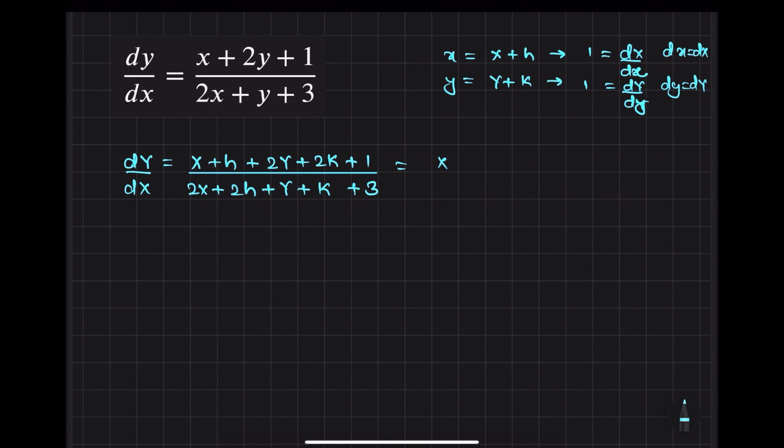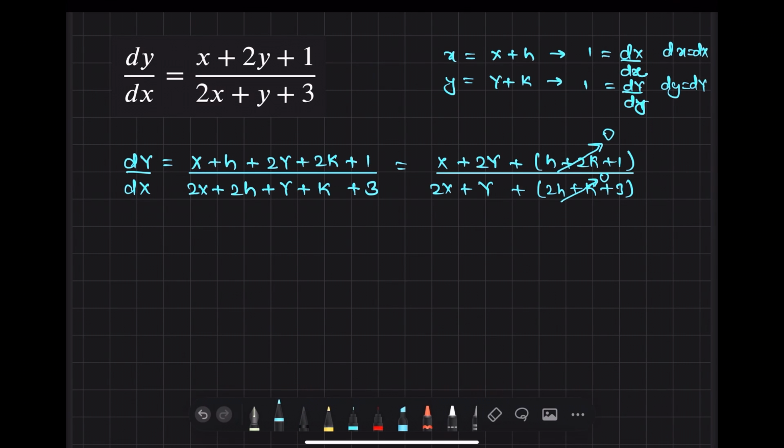We will write the variable part X plus 2Y, plus the constant h plus 2k plus 1. And 2X plus Y, plus the constant 2h plus k plus 3. So we have this idea. Now what do we have to do? We have to make this thing equal to 0, and this thing equal to 0. So for that you have to find the corresponding values of h and k.